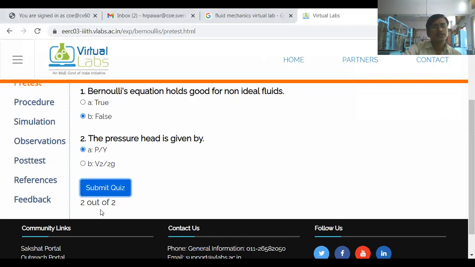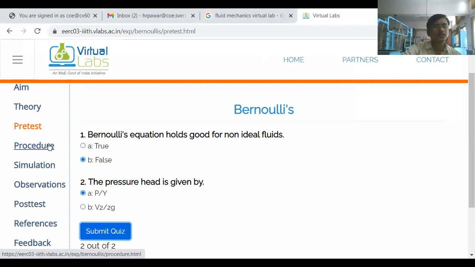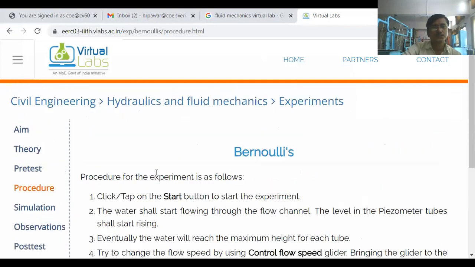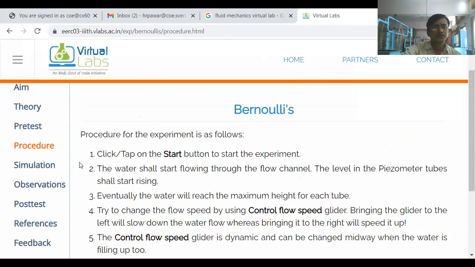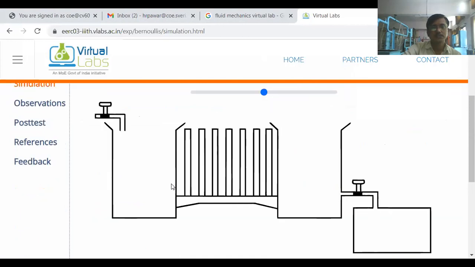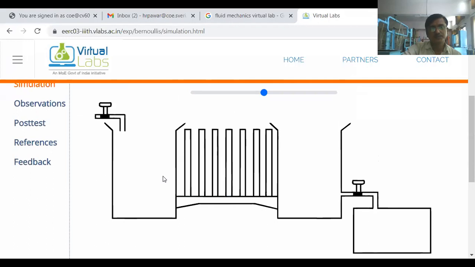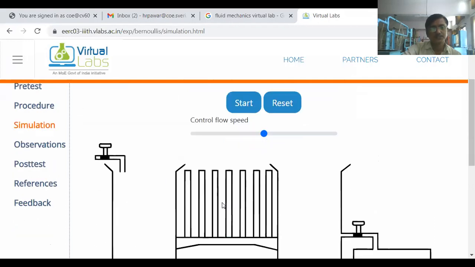And here you will get the marks out of the total. Next one is the procedure. This is the procedure they have given here about this simulation. And then this is the simulation. It is a very raw type of simulation. They have not given much control in our hand to perform this experiment.